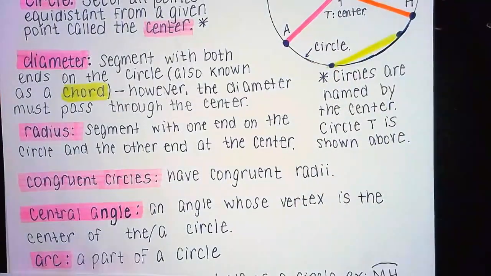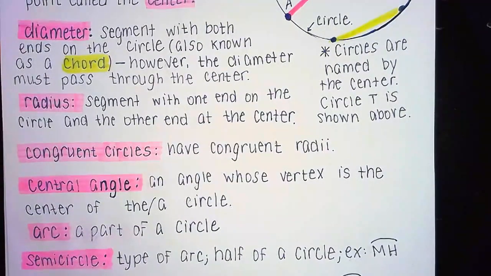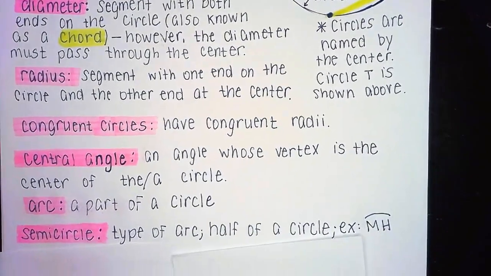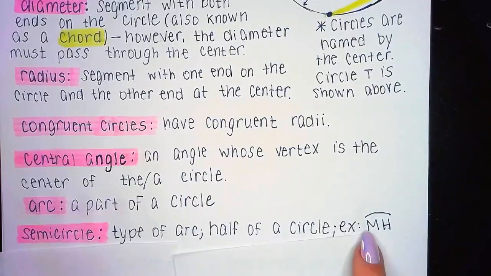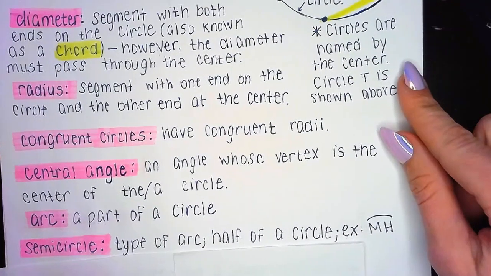Next up, we have a semicircle. A semicircle is actually a type of arc, and it's a specific type. This type of arc is actually half of a circle. So for example, I said arc MH, and I put this little crescent-looking rainbow shape above it, and that's the symbol for arc.